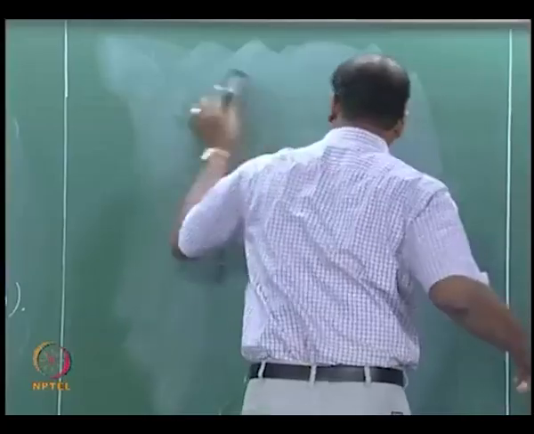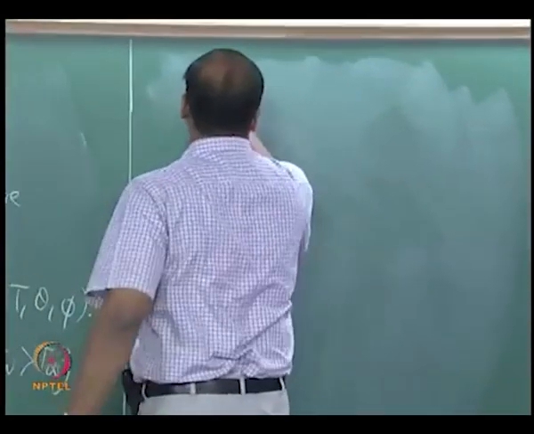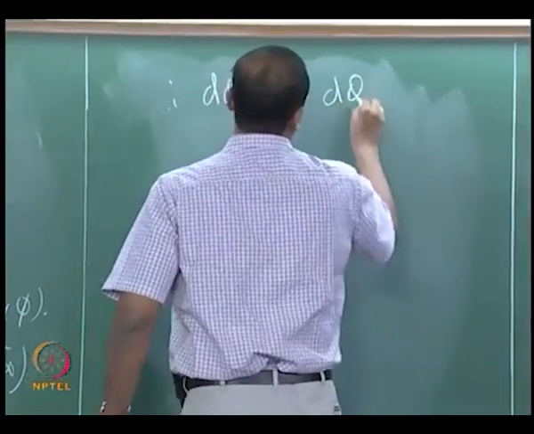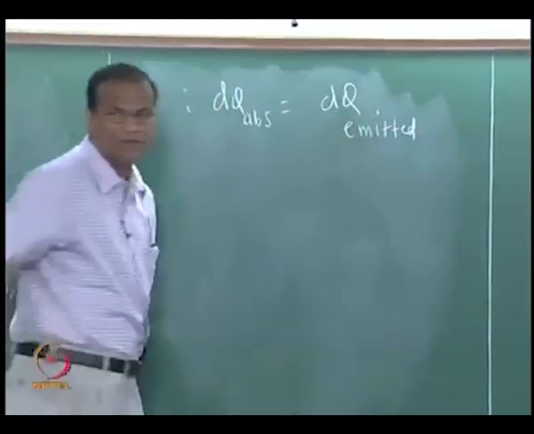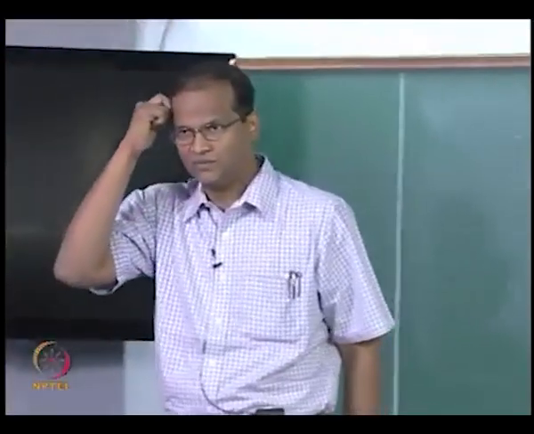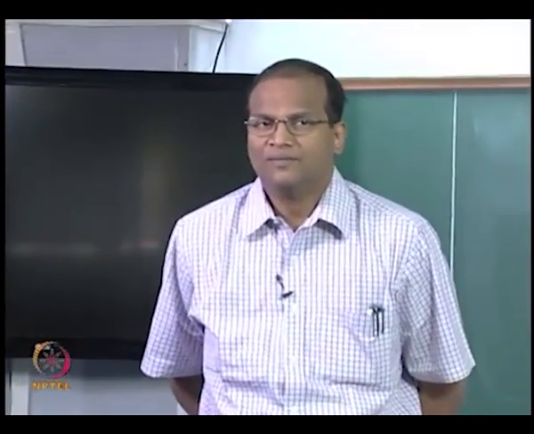Epsilon lambda dash, okay, therefore dq absorbed must be equal to dq emitted. Is that clear? dq absorbed equals dq emitted.